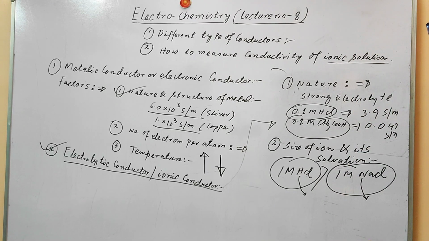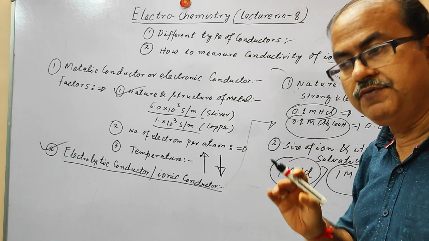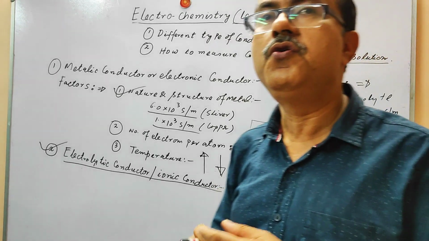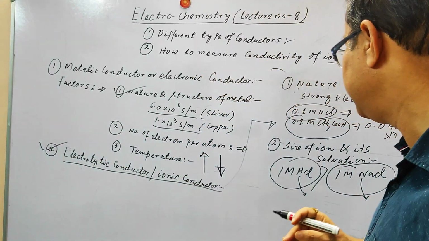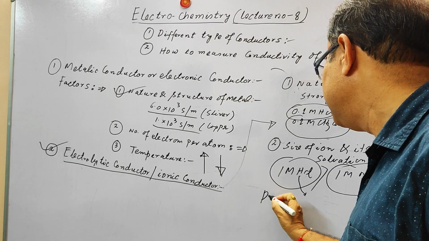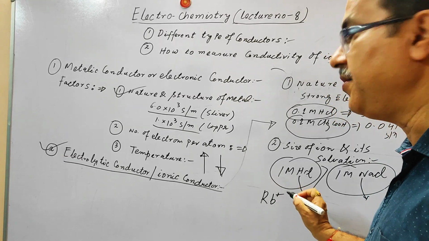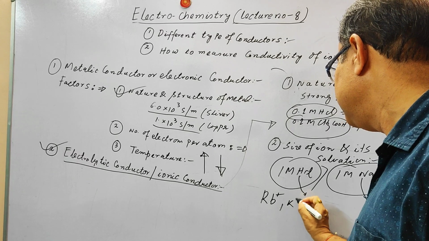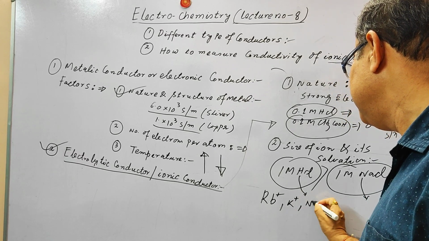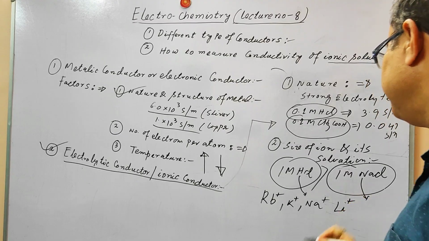Now you can see another thing, that is the solvation factor. The solvation factor is going to predominate over the size factor. In this case consider Rb plus ion, K plus ion, Na plus ion and Li plus ion.